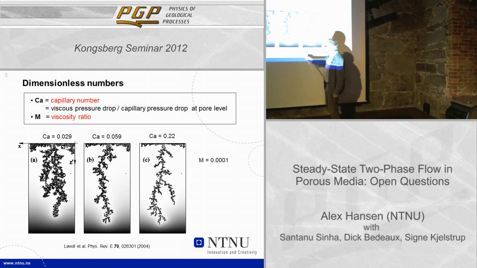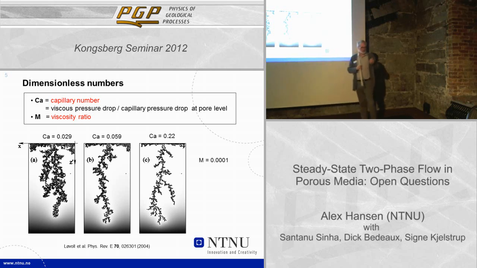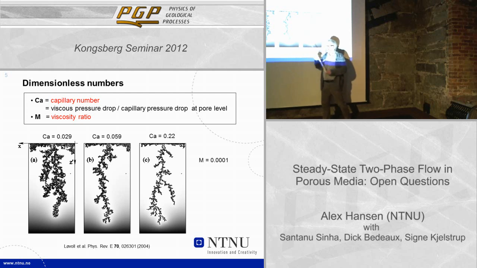And here, as you go down, it sort of grows leaves on top of these branches. And that means there are two processes here going on at the same time. And whether you are at high capillary numbers or at low capillary numbers, there will be one of the processes or the other that dominates.